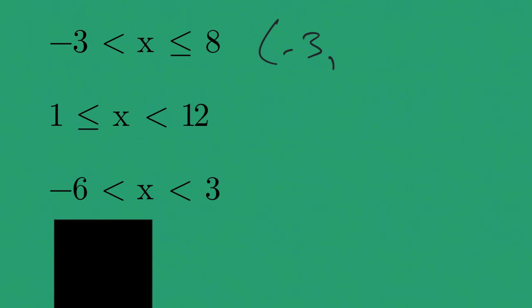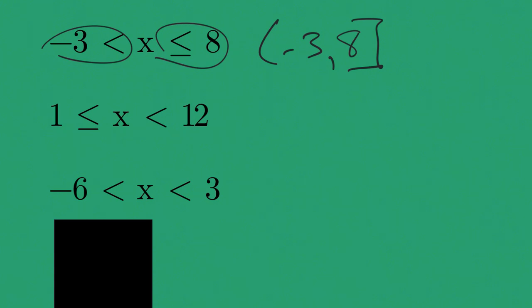comma, there's our 8. Will there be a bracket or a parenthesis around the 8? Bracket. Or equal to is bracket. Not an or equal to, it's going to be a parenthesis. There's the interval notation for those solutions. We're talking about every number in between negative 3 and positive 8.